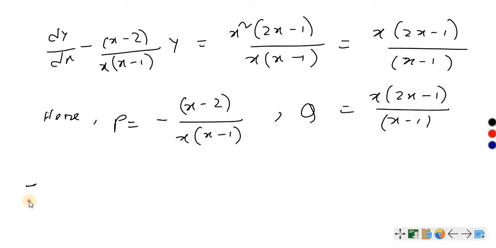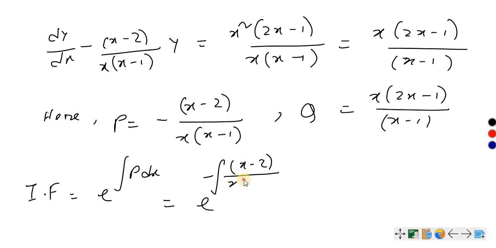Now we have to find the integrating factor. The integrating factor IF is equal to e to the power integration of P dx, which can be written as e to the power integration of −(x − 2)/(x(x − 1)) dx.